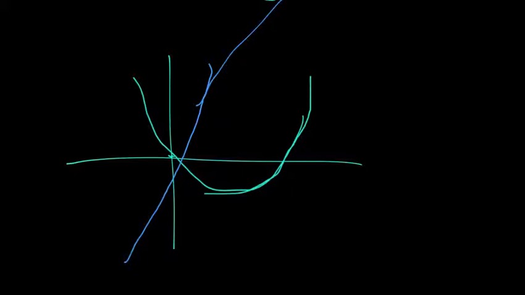I don't know exactly what our original function looks like, but based off of what we found, at x equals 0 the function is concave down, so it might look something like this. And at x equals 2/3, it's concave up, so it might look something like this. Looking at that, you can tell that at x equals 0, we have a local maximum, and at x equals 2/3, we have a local minimum.